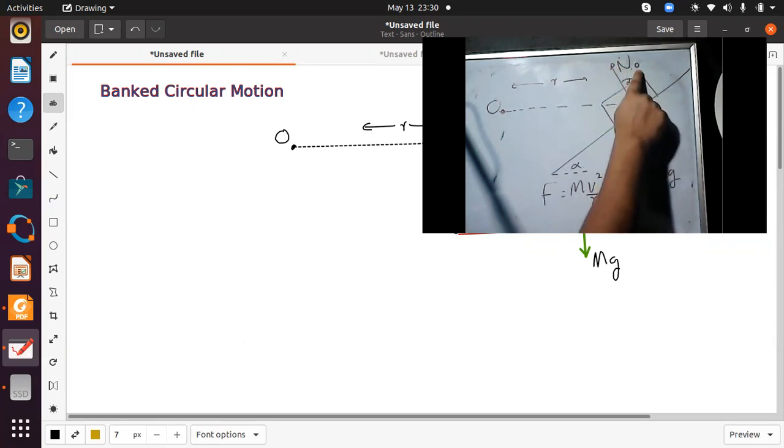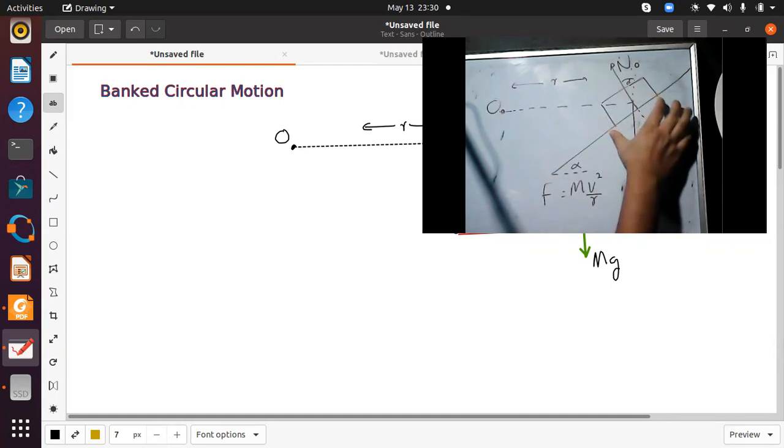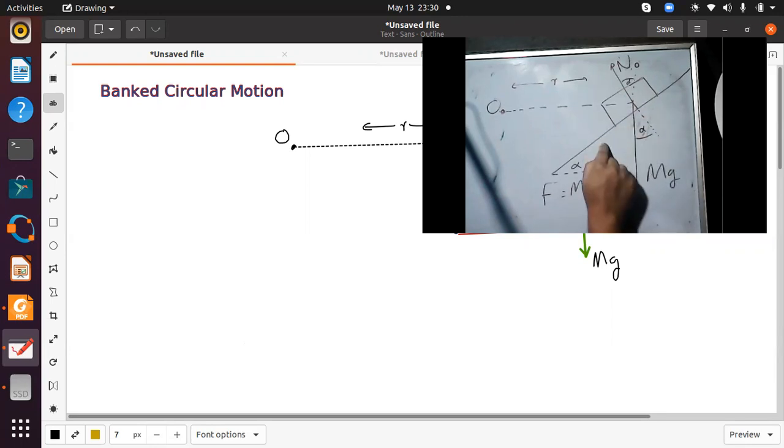I have denoted it by capital N sub zero to represent this is our model. Of course there's friction on the road, but for this case study we assume no friction force is needed.